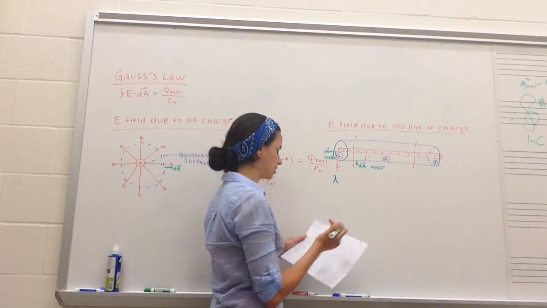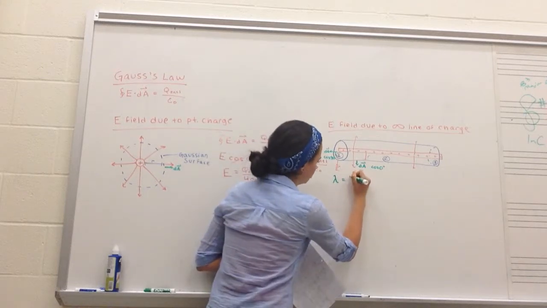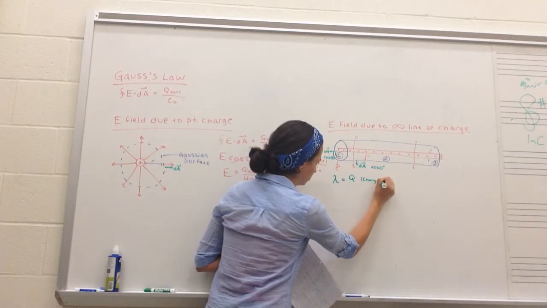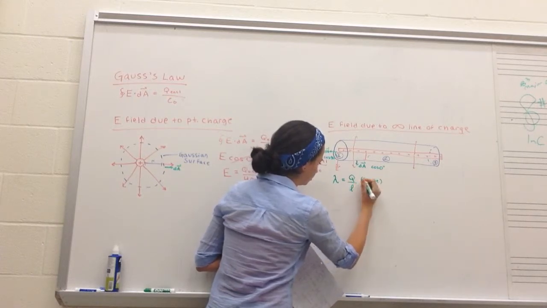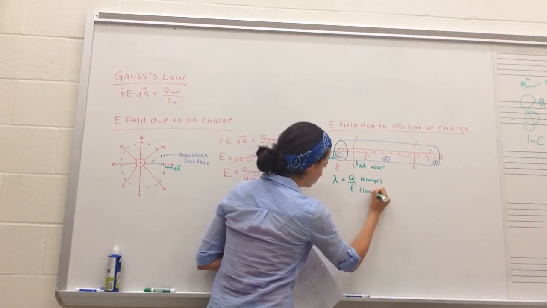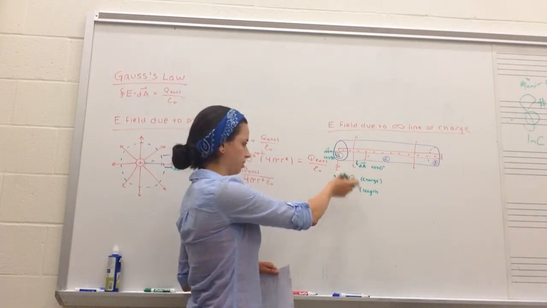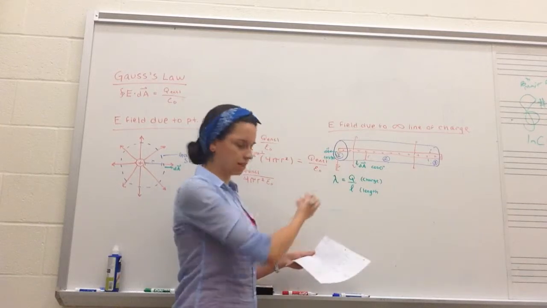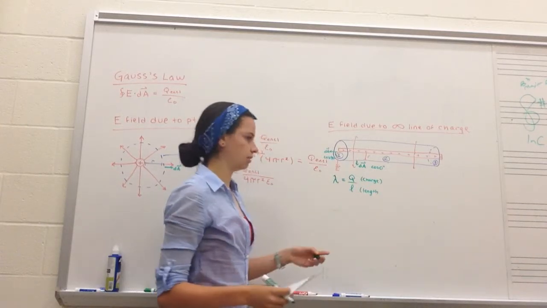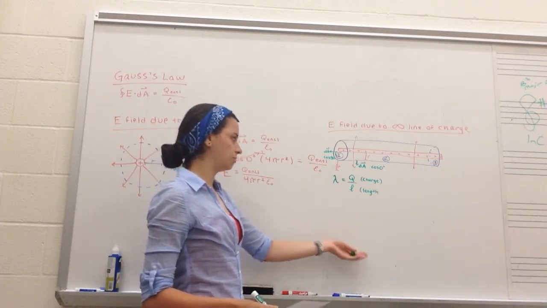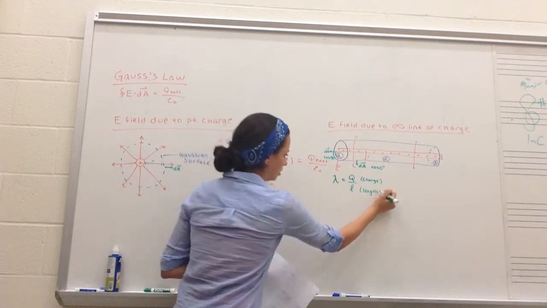And like you might have guessed, it's the charge, Q, per unit length. This is the way you would write density, just like the density of an object is mass divided by volume: charge per unit length.